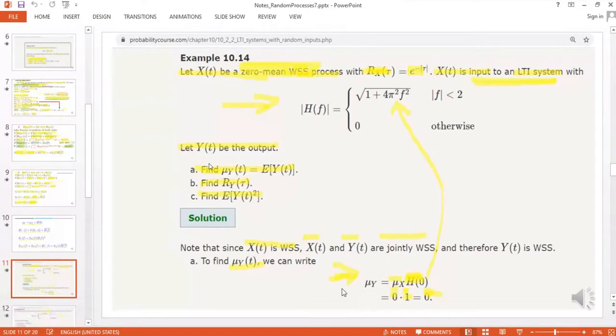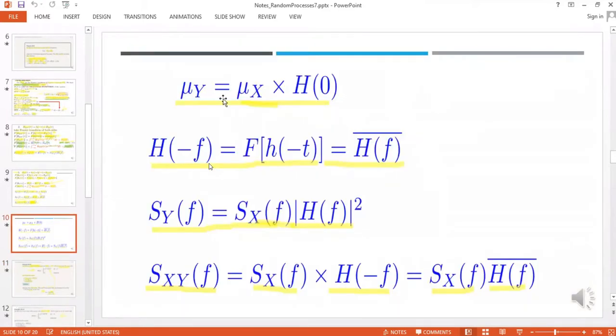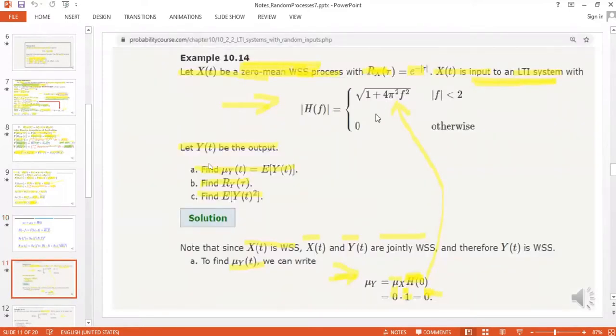So mu y equals mu x into H(0), a result we have already derived today. Substituting, 0 lies in the range since absolute f less than 2 means f ranges from -2 to +2, so putting 0 here we get 1. But mu x is 0 because x(t) is given as zero mean.